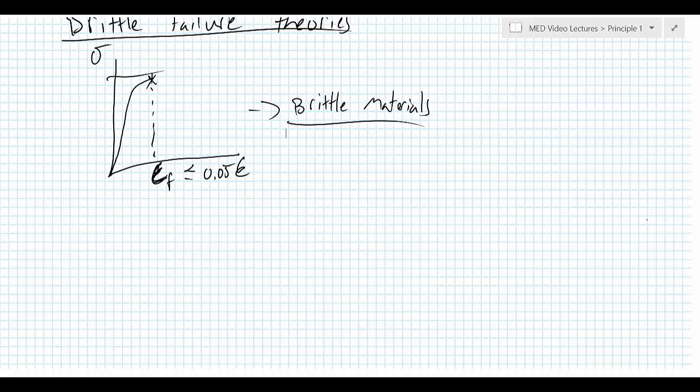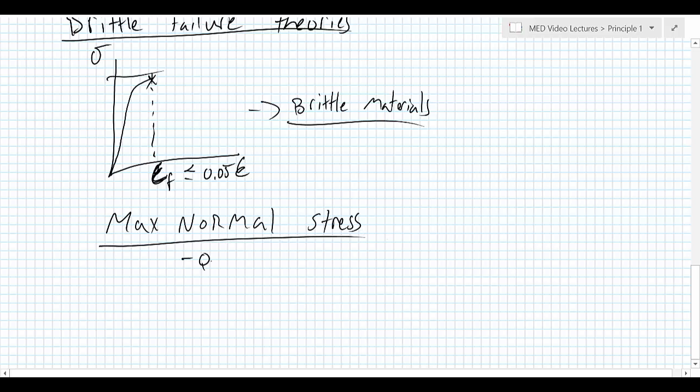So the two approaches that we can look at for brittle failure, the first we'll look at is maximum normal stress. And maximum normal stress is very quick, and it's an approximate. However, it does overestimate the strength of the part, so it is not conservative.